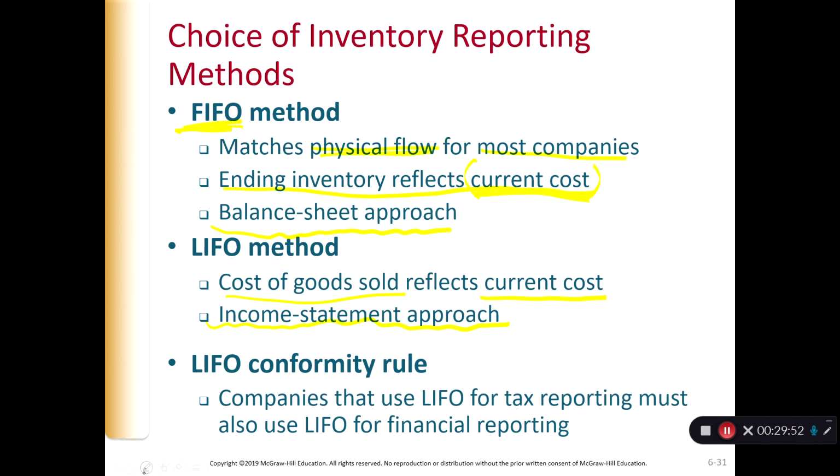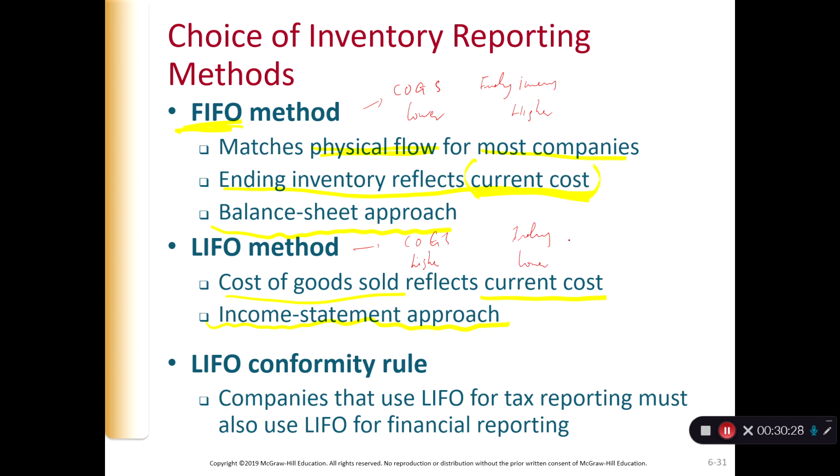With FIFO, cost of goods sold is lower and the ending inventory is higher. With the LIFO method, cost of goods sold is higher because you sell the more expensive things first, and the ending inventory is lower.